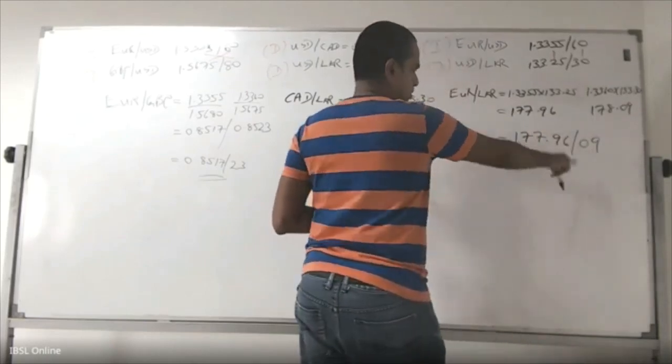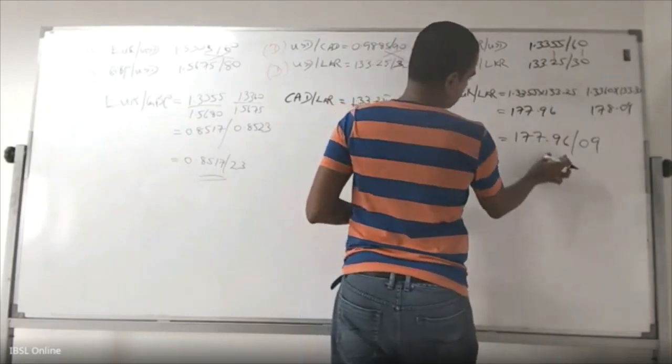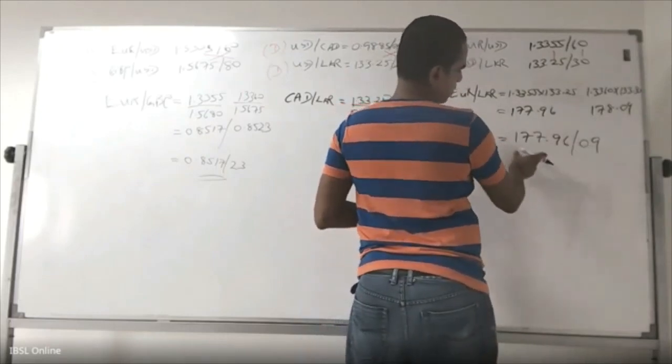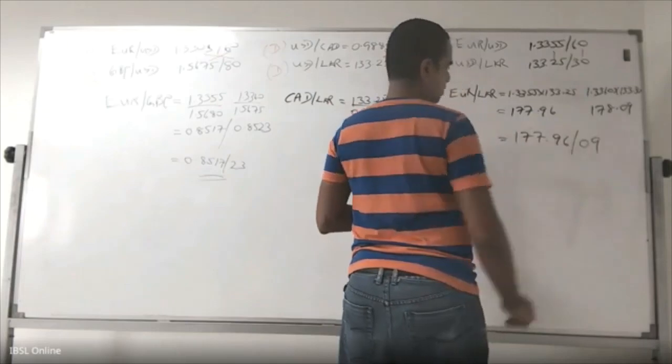Right? Although they are two different big figures, if you write 96.09, it means 177.96 and 178.09.